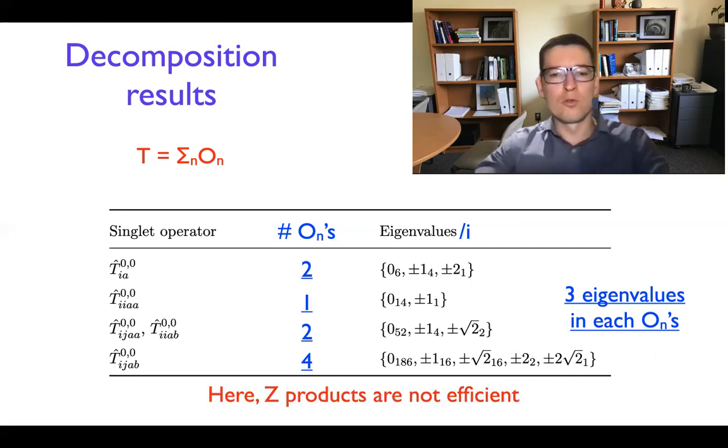If you try to do the Z products for this case, it's not going to be efficient because Z products only have plus minus 1 eigenvalues, and in order to get this many zeros, you need a large linear combination of Z's to get some cancellations and essentially obtain these 0 eigenvalues. That's not efficient. So this is the case where looking at the eigenspectrum suggests that it's better to do decomposition into 3-eigenvalue operators, O_N.